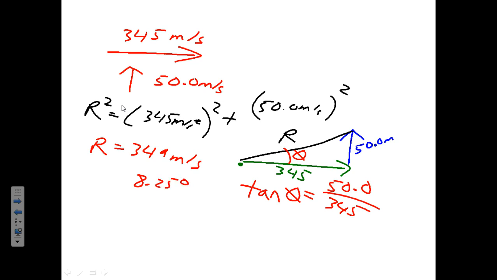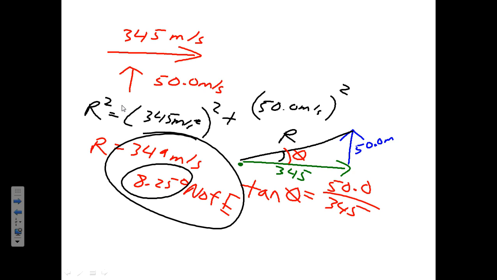What do we need to put on the end of that? North of east. And that means, again, start over here at east and move toward the north 8.25 degrees. So the answer you would give me, you got to give me all of that to get it right. 349 meters per second, 8.25 degrees north of east.